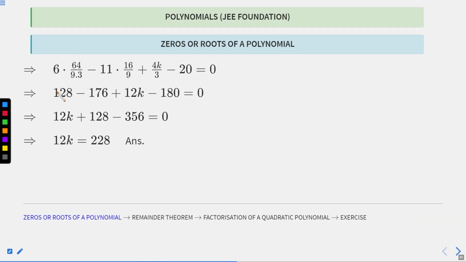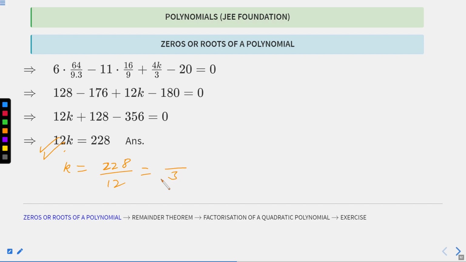So just performing these manipulations, you will get your k value like this. I hope you can do it and verify yourself also. So let me simplify. Okay, so here I am taking common terms out. My common term is 4.